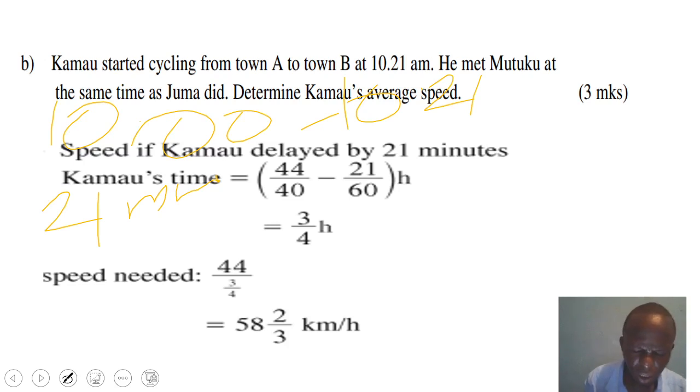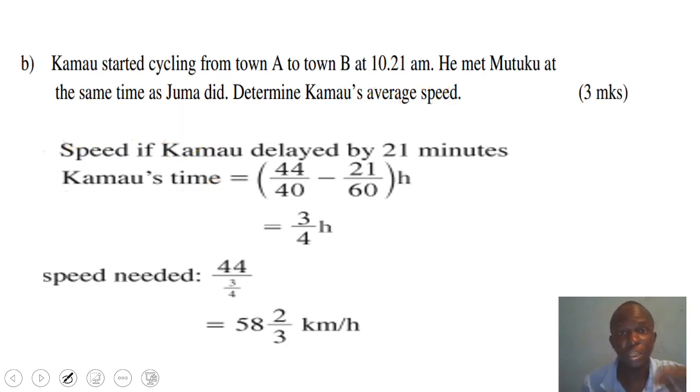Now, in this expression, the difference in times will be, since Kamau took 21 minutes, the difference in speeds will be 3/4 hours.